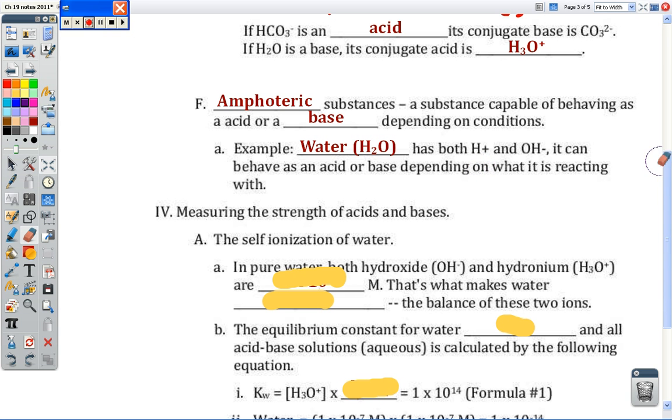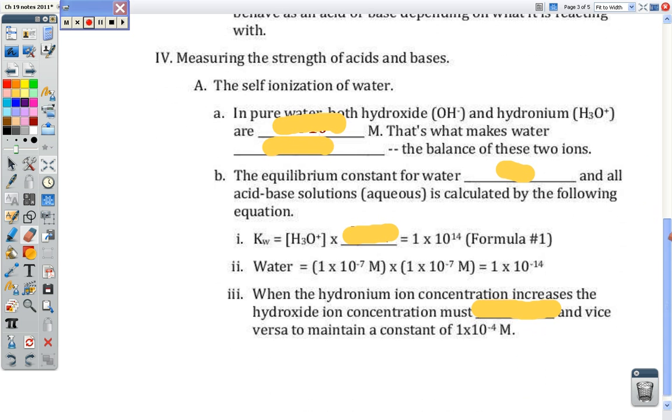Okay, so that brings us to measuring the strengths of acids and bases. First, the self-ionization of water. In order for us to really measure our acids and bases, we have to realize that water itself, when it's just sitting there in its own soup, will dissociate to some degree.